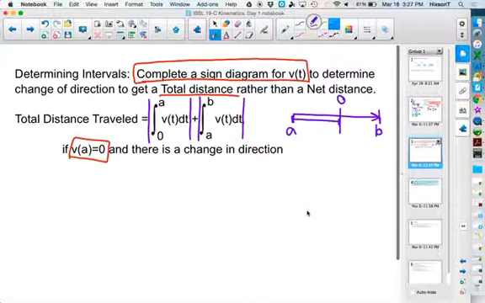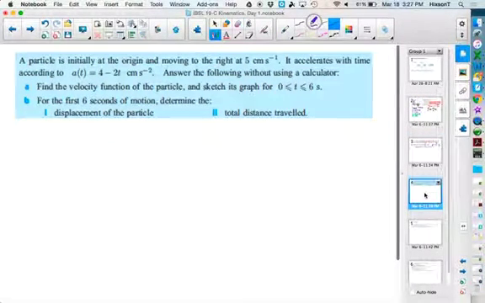All right, so let's actually try one of these that has a mathematical function, not just a picture to look at the area. This says here, a particle is initially at the origin and moving to the right at 5 centimeters per second.